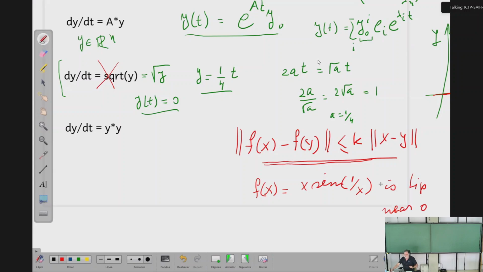But it's not differentiable, right? Because we have 1 over x. And why is it Lipschitz? Because if you look at the graph of this function, it comes like that and starts going like that, but it's bounded by x. So it's Lipschitz, very straightforward. So we have f of x less or equal to k times x directly.